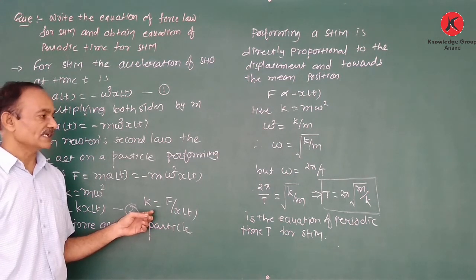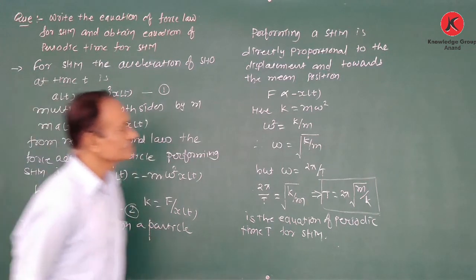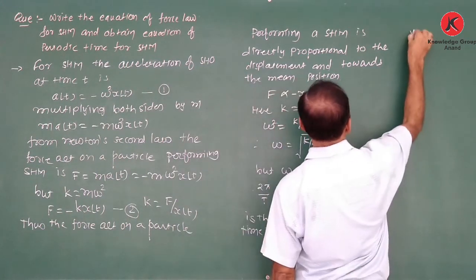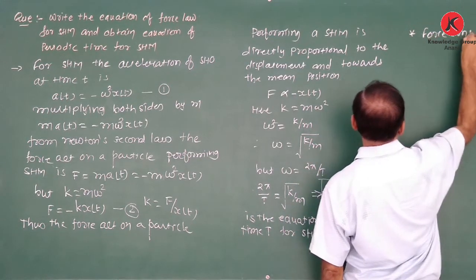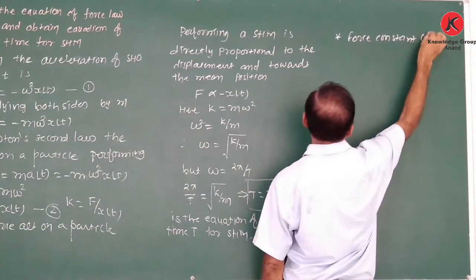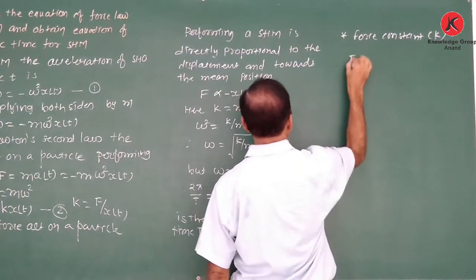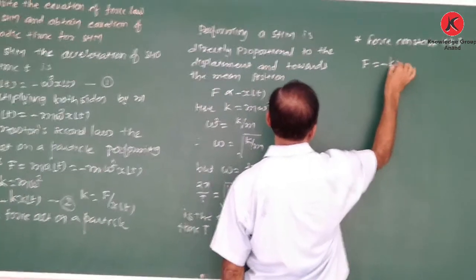And what is the dimensional formula of the force constant? F is equal to minus kx.